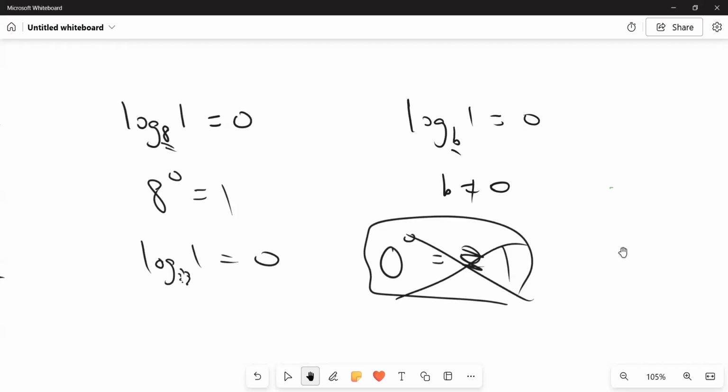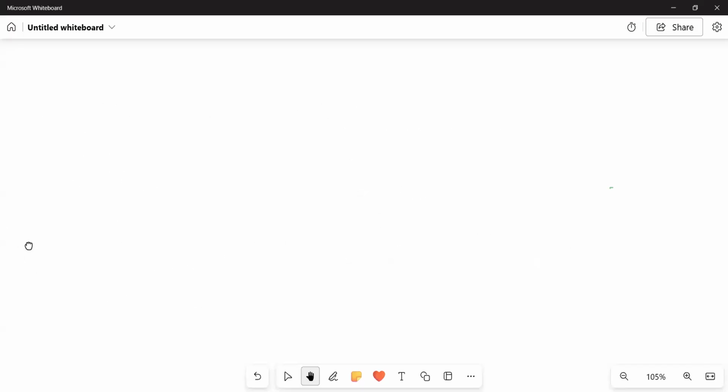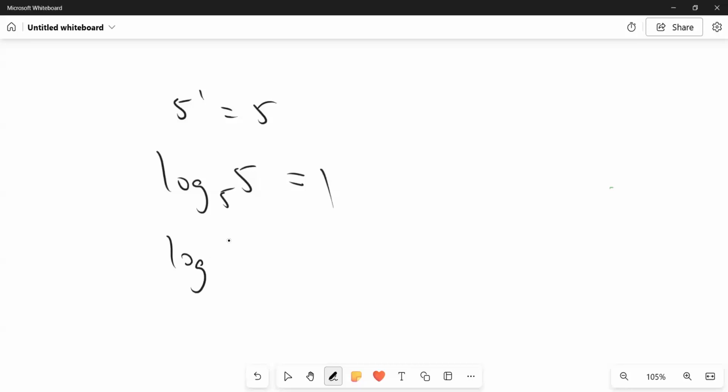Some other little things you would pick up as you fool around with logarithms: you know that 5 to the 1 power equals 5, right? So the logarithm of 5 with a base of 5 will be 1. Generally you can say the logarithm of b with base b is 1. Get it?